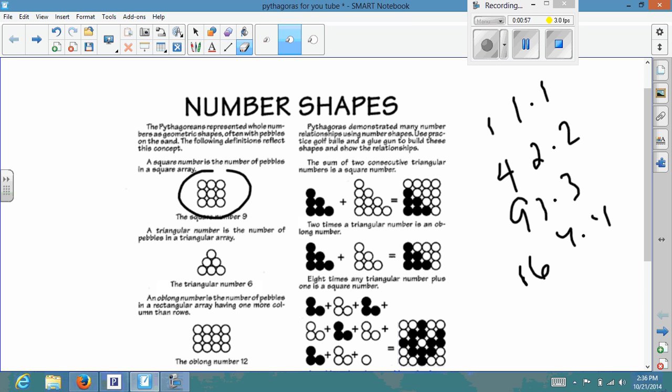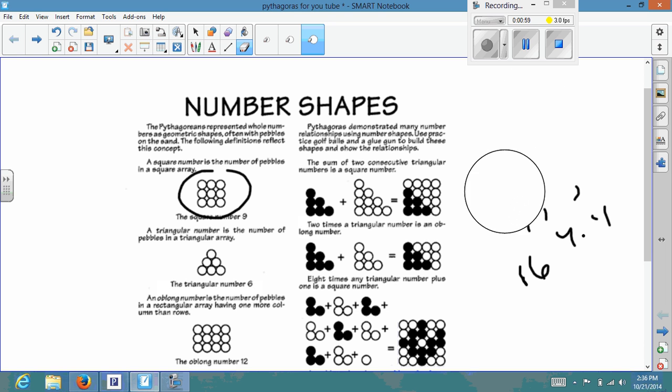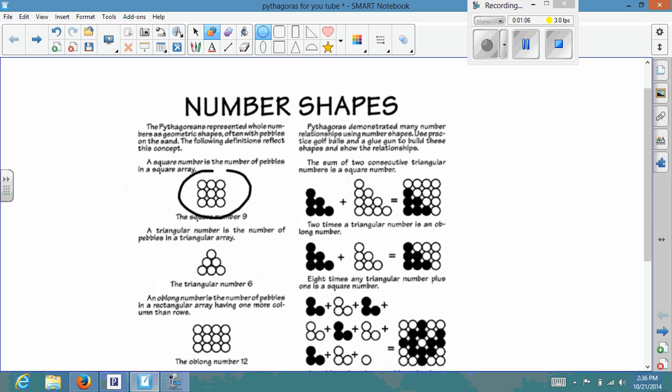They didn't stop just with grouping numbers as square. They went on and they talked about triangular numbers. And triangular numbers are numbers that can be arranged into triangles. So the first triangular number is 1. Second triangular number is 3, because if I take 3 dots and I set them up like this, I get 3.